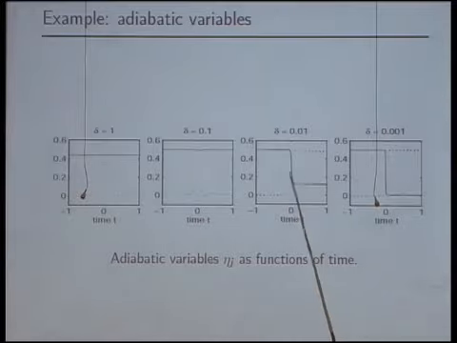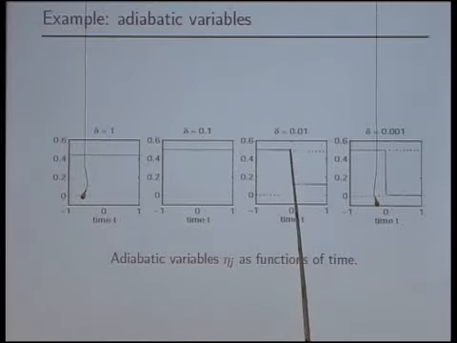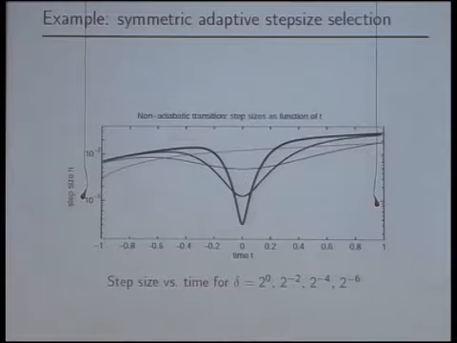So in this area, you cannot go over with the large time steps that our method allows us to take elsewhere. Here we can take very large time steps, but we must capture this zone. And let me just show you. The step size is chosen by a symmetric adaptive step size selection strategy applied to different variants of delta. So the thicker the line, the smaller delta is.